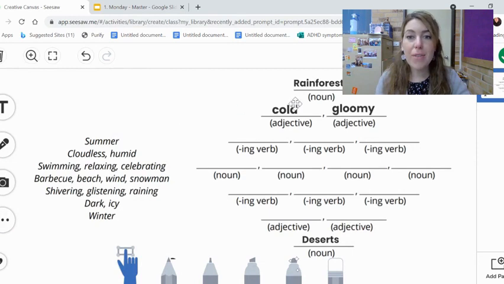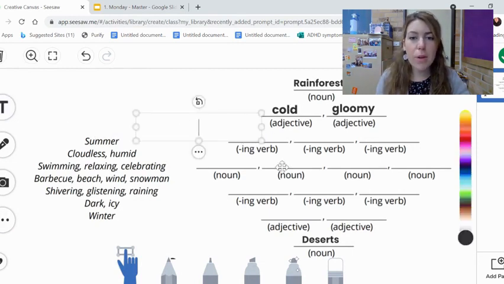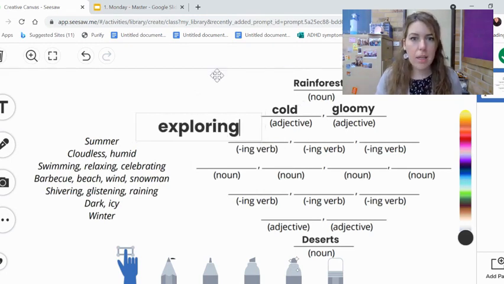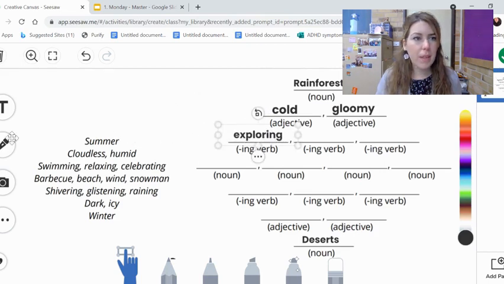Now, after you have put your two adjectives in, you're going to need to think of three verbs, three action words. That's words ending in ing. So I'm going to think about that in relation to rainforest. So I'm going to put exploring, because rainforests are great for exploring and looking around.